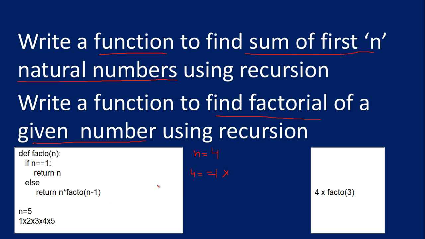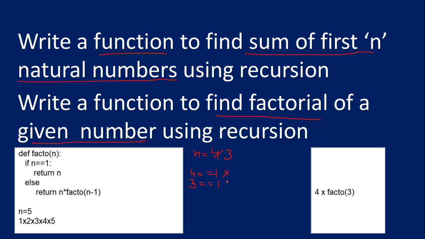Again this facto 3 will call the function, but at that time the value of n will be taken as 3. So it will check if n is equal to 1. Is the value of n, that is right now 3, equal to 1?